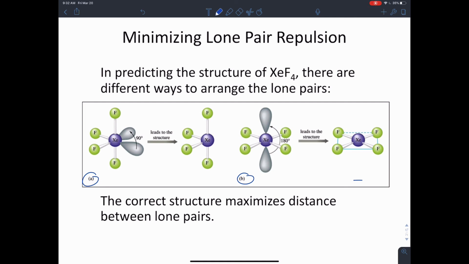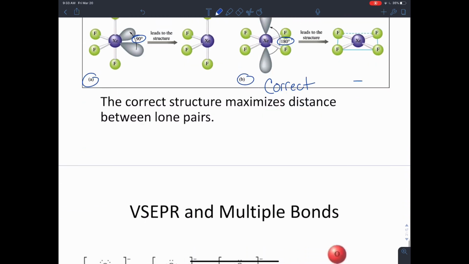So is it best to have the lone pairs 90 degrees from one another, or the lone pairs 180 degrees from one another? So clearly we want to have them as far apart as possible. So this is the most correct prediction for the 3D structure of this molecule, maximizing the distance between those lone pairs.